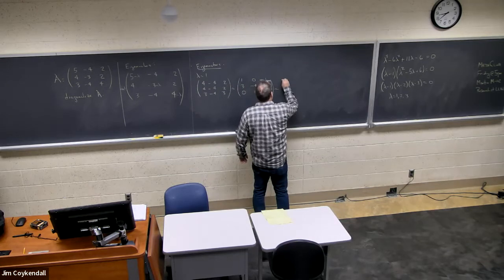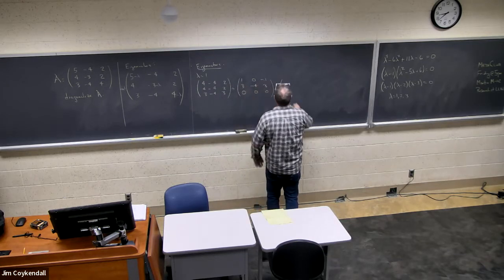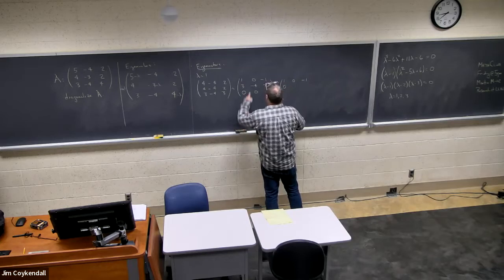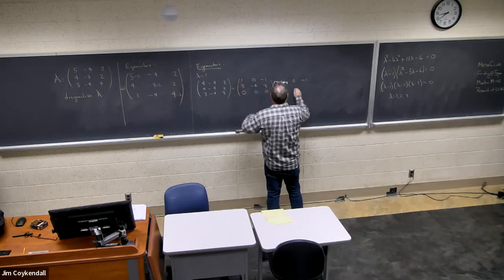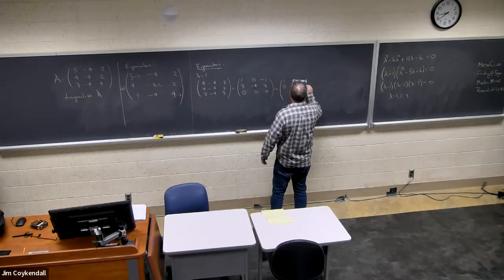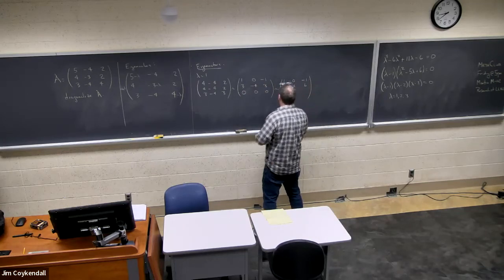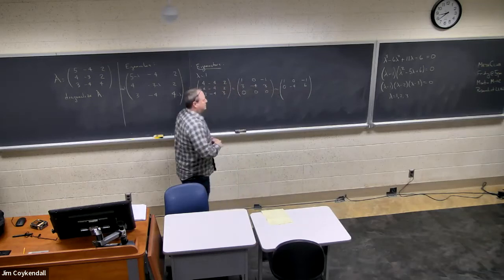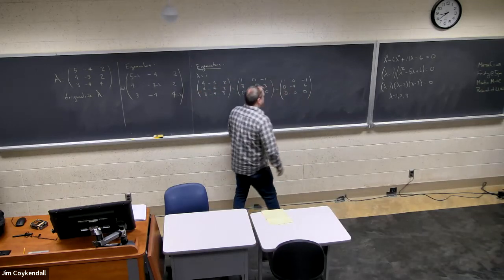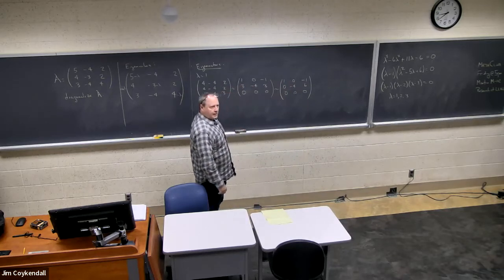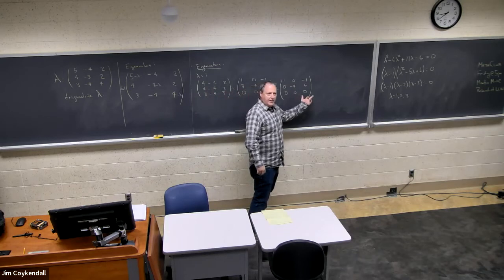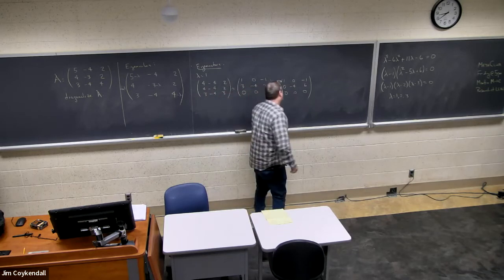And now I'm going to use this to take out the middle one, multiply by minus 3 and add. So notice I have 1 free variable. X3 is free.